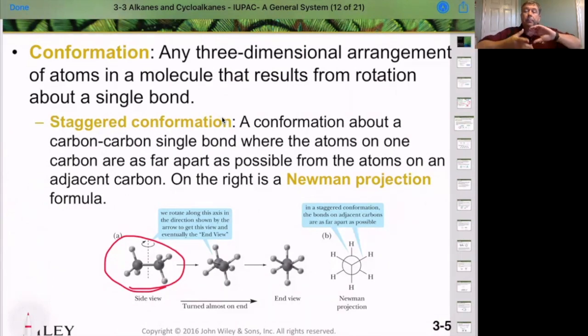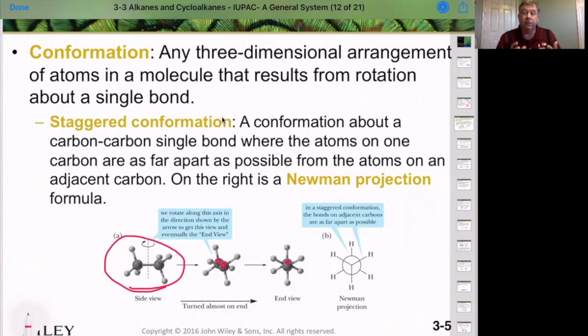And the only barrier for these to rotate is where the different substituents might come into interact with each other, which means that if we rotated this and looked down the carbon-carbon bond such that we were looking at hydrogens here. So imagine we take this and rotate it. So we're starting to look just down the carbon-carbon bonds right here.